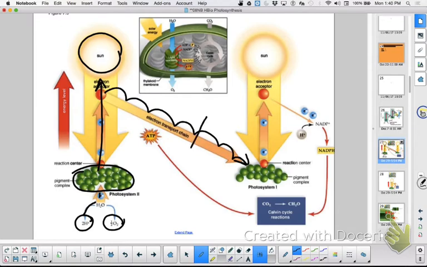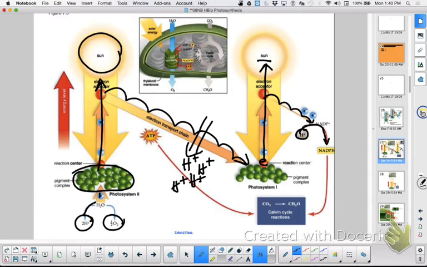You're going to use that to bring hydrogen ions inside. Okay, you're going to use those same electrons again, excite them a second time by the sun. This time we're going to let them cool down just a little bit, not lose all their energy, and we're going to give those electrons and some hydrogens to NADP, forming reduced NADP.